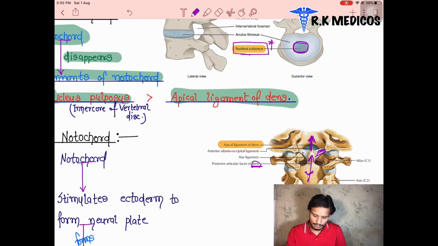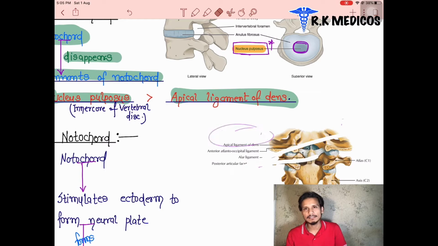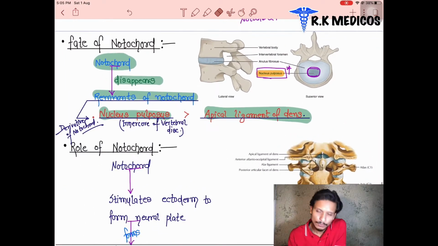These are the apical ligaments, and we can see they are also developed from the notochord. So what are the two structures we can see now in yourself? There are two structures that are remnants of the notochord present in our body. That is the apical ligament of the dens, and the next is the nucleus pulposus of the vertebral body.